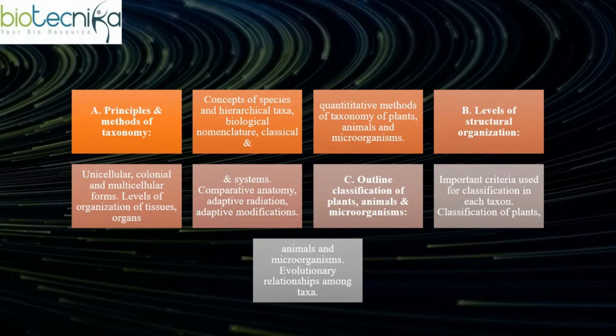We have to pick and choose the very important topics and sieve them to get ready for our next CSIR examination. The first subunit is principles and methods of taxonomy. This includes concepts of species, hierarchical taxa, biological nomenclature, quantitative methods of taxonomy, etc.